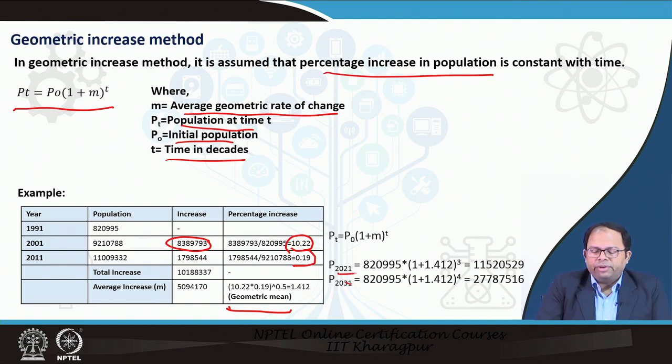So for 2021 we take the base year value times (1 plus the rate) to the power 3, and for this one to the power 4, and we get a population of 115 lakhs and 277 lakhs during these 2 time periods. If I had got 2021 data, then we would have 3 values, and this would have been the geometric mean of these 3 values.